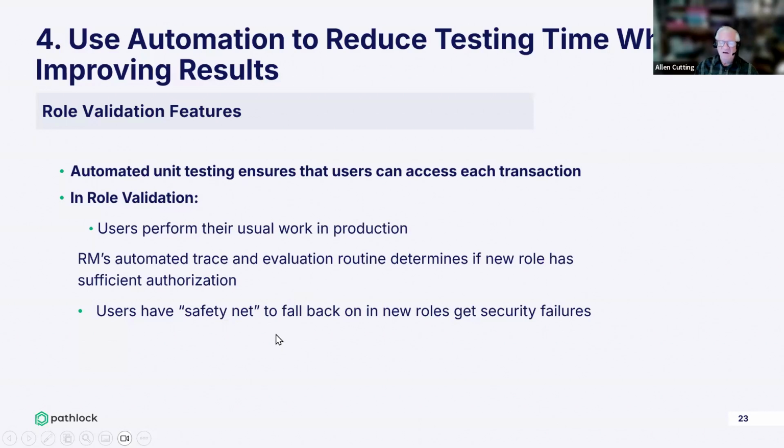And if they have the access in their safety net, which is access that they would have had previously in that position, let's say accounts payable. If they had that yesterday, they will be able to fall back to it today when they're testing if the new role does not work. So you don't have a big commotion in production. The users won't even know that the security on the new role failed, but security will be able to review reports and fix it in development.